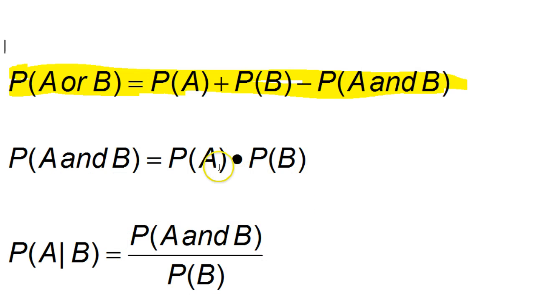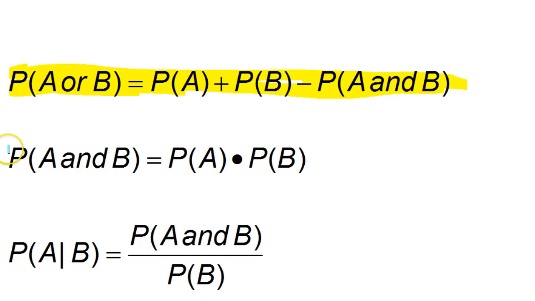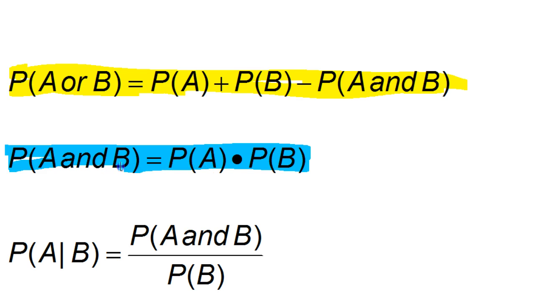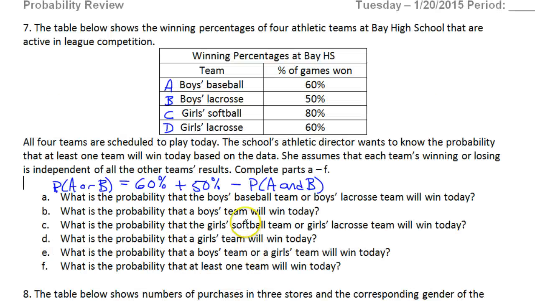Well, that is a separate formula which we're also going to have to use. This formula holds when the events are independent. The probability of A and B is the product of the two probabilities. But we can only use this when the two events are independent.